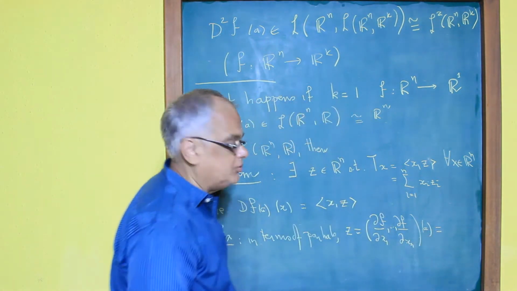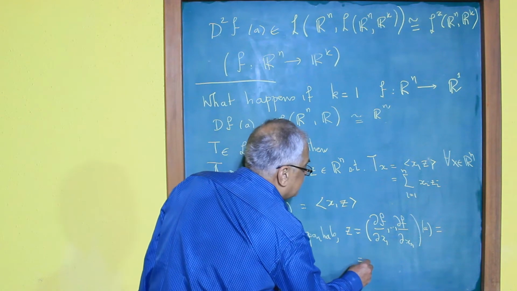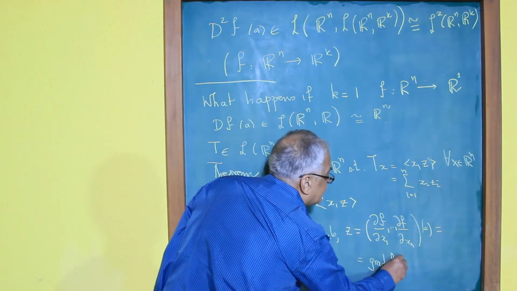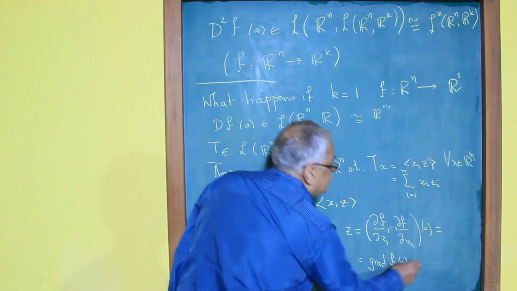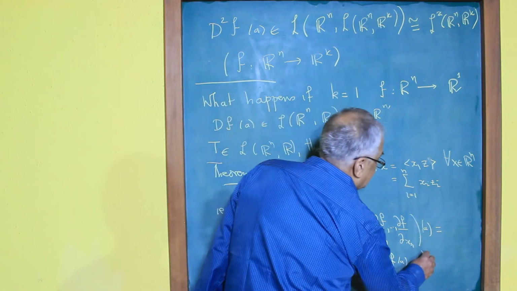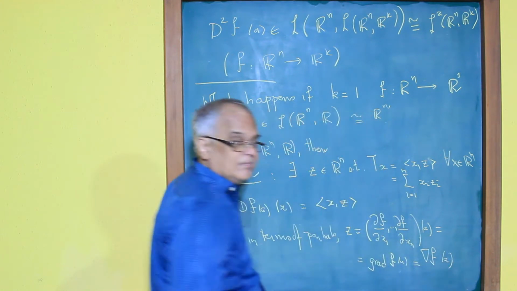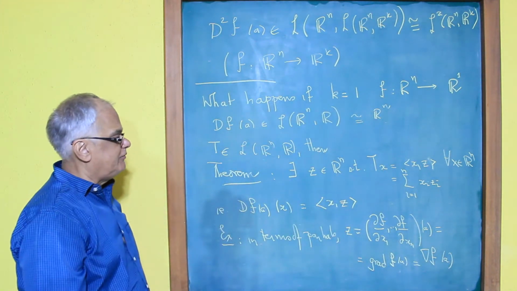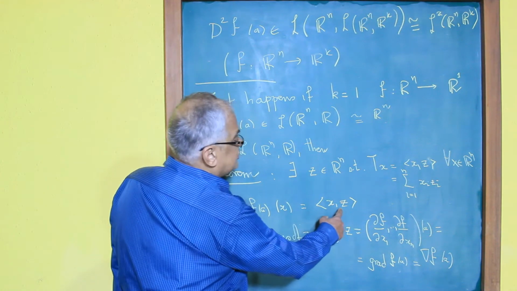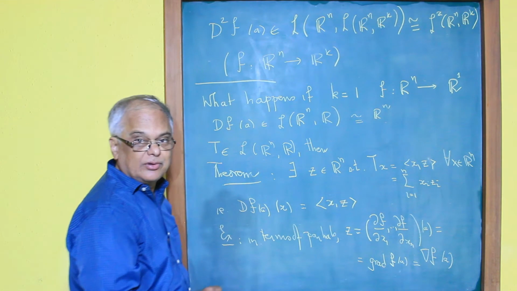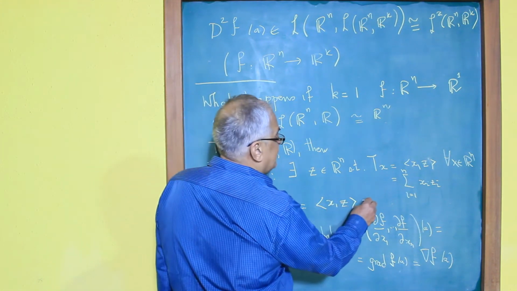The notation you had used for this is grad f at A. So the gradient of a function is the z, and that is telling you what the linear map is. And what is this linear map? Let me write it out.